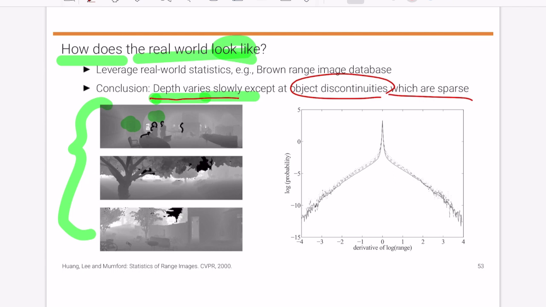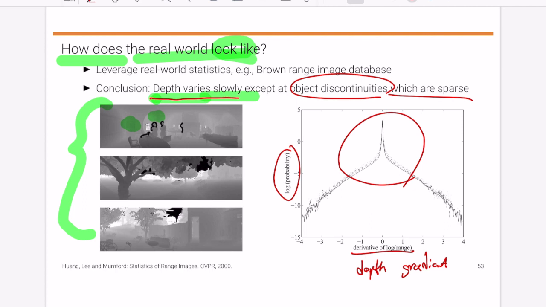So, in other words, depth varies slowly, except at object discontinuities, which are sparse. When I draw the histogram of the depth gradient, most pixels have low gradient. It means that they are homogeneous in most cases, because the y-axis is a log scale, and objects are continuous. The discontinuities are very sparse.